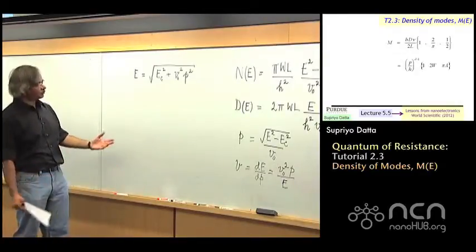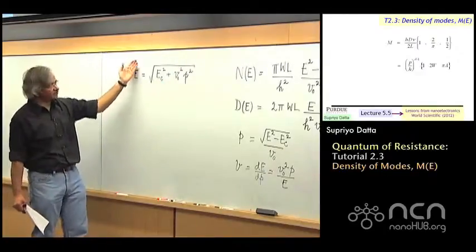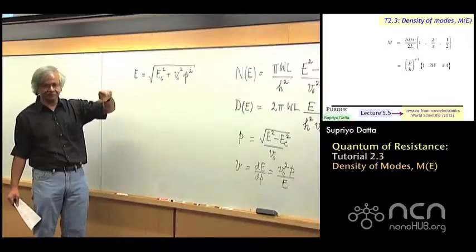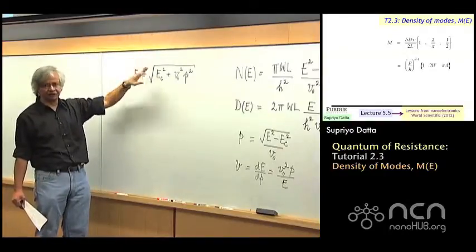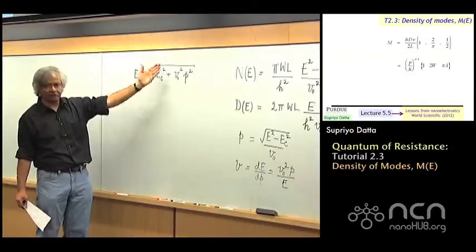So here what we are considering is something with the energy-momentum relation that's given by this. And I gave you 3 energy-momentum relations, but as you know, the first 2 are kind of like special cases of this third one. So that's the one we are working out.